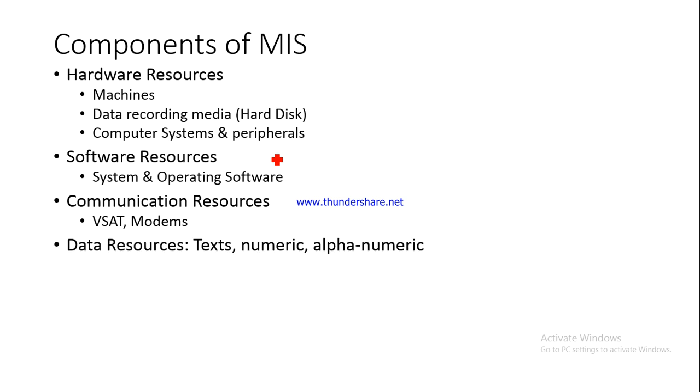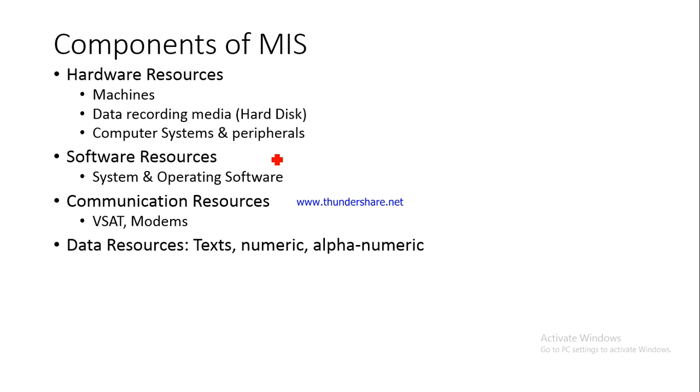Then the data resources. Now this is very, very important. Any MIS would not be complete without data resources. What do we mean by this? We have said that MIS, what is the first step in using MIS?